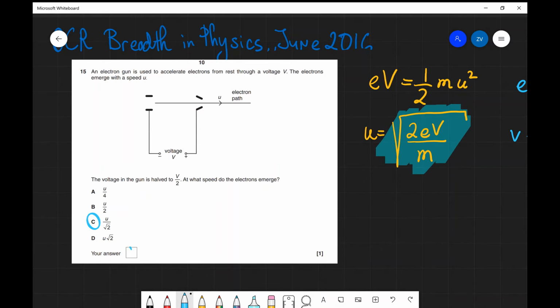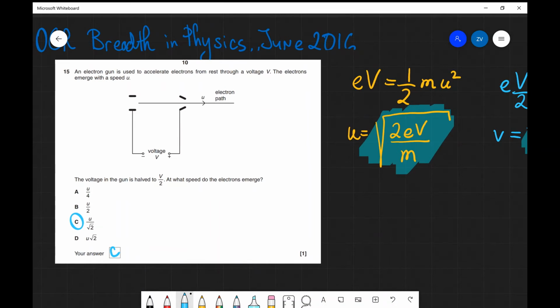Now, of course, you can definitely do this a lot quicker just using proportionality. You can think that in this expression, the speed is directly proportional to the square root of the voltage.